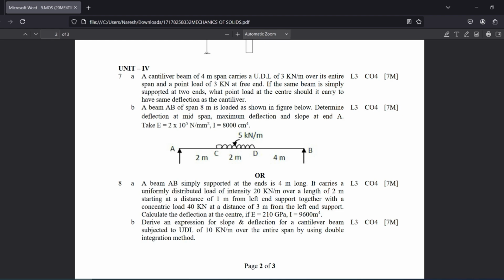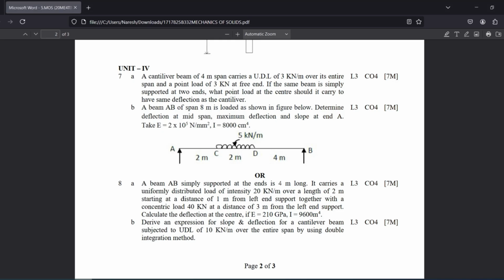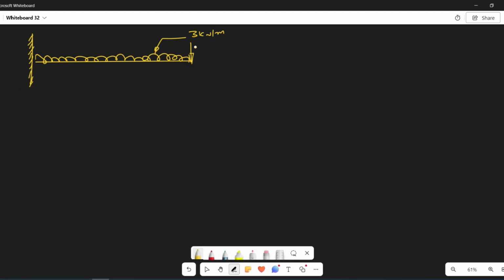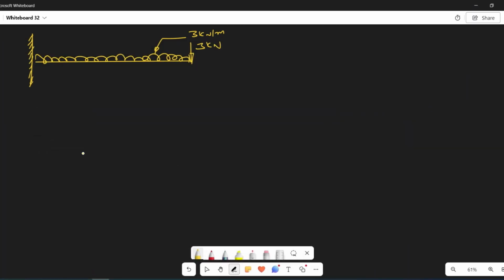If the same beam is simply supported at the two ends, and a point load is also there, what point load at the center should it carry to have the same deflection?